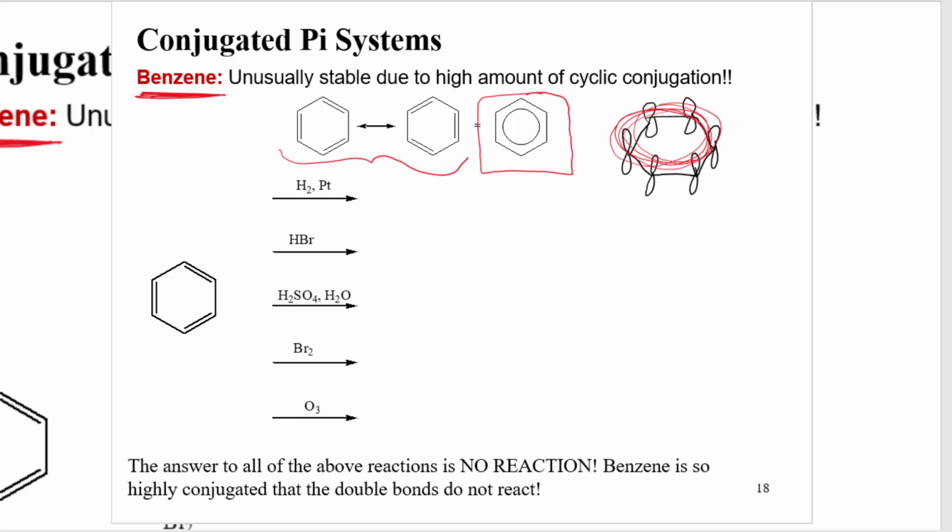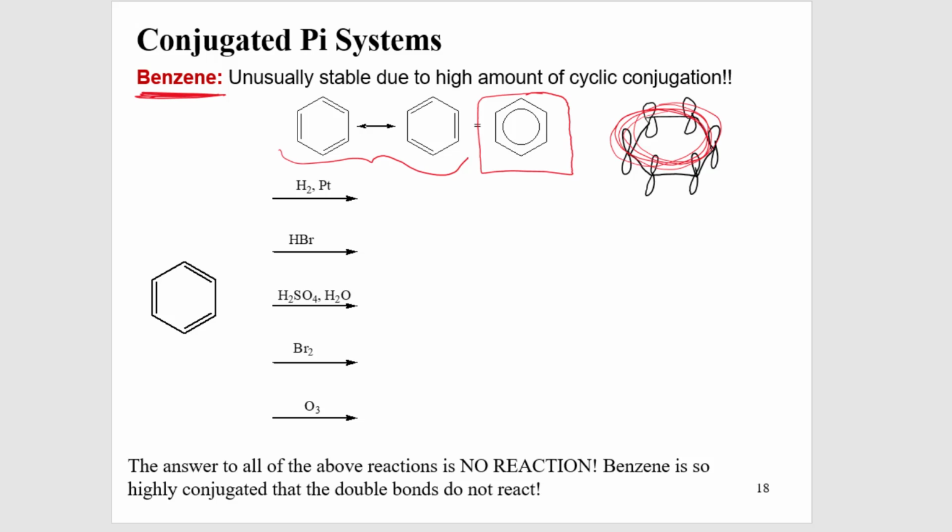Now, benzene is unusually stable. It is a very, very stable system. And although you could say, I have double bonds, I could do hydrogenation, I could do HBr, I could do Br2, I could do ozonolysis, the answer to any one of your alkene flashcards with a benzene ring is no reaction.